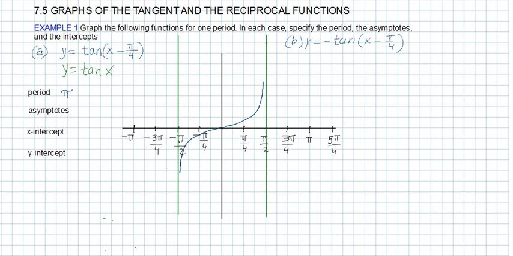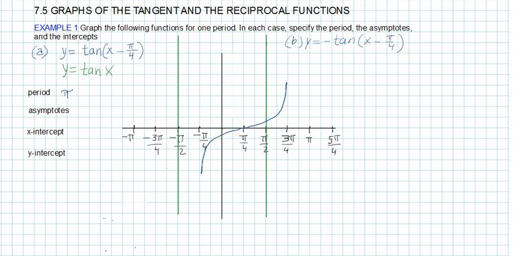So this function calls for a translation of this graph pi over 4 to the right. So I'm just going to grab each half and translate it pi over 4 to the right. Right there. Grab this one and right there. And so what happened to my asymptotes?